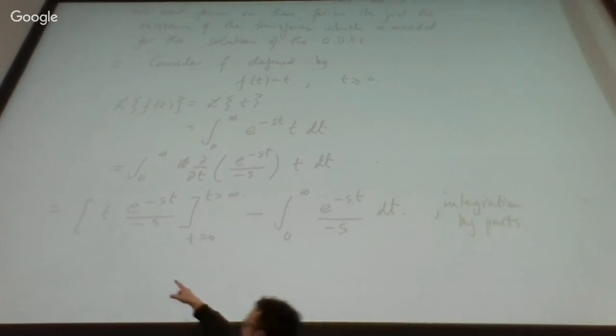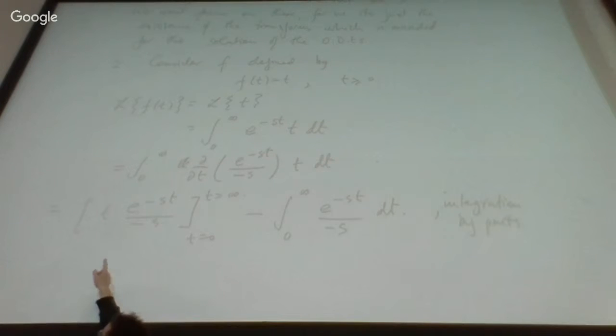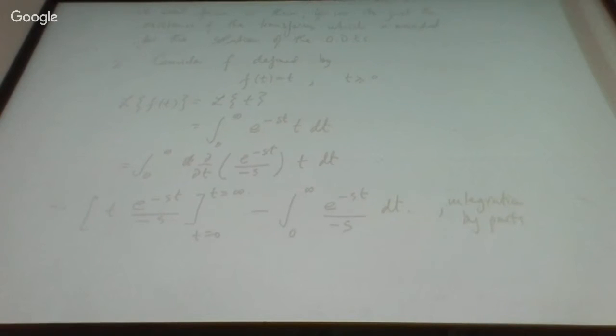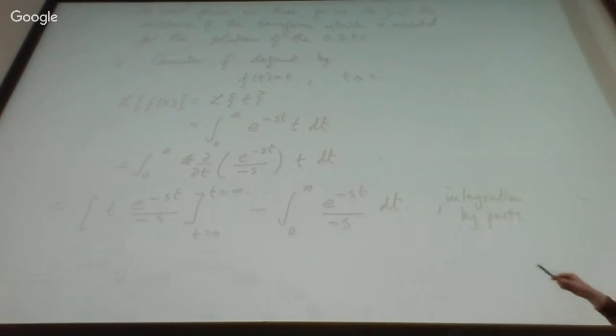So the factor t, even though it is getting larger and larger and is unbounded, for appropriate values of s with real part bigger than 0, that exponential part will converge to 0 very fast. So that will drag the whole product in. So you'll just get 0 in the limit as t goes to infinity, and 0 at the evaluation t equals 0.